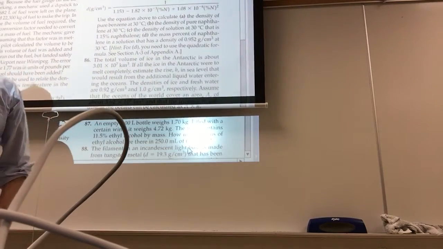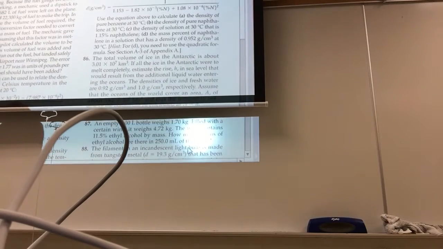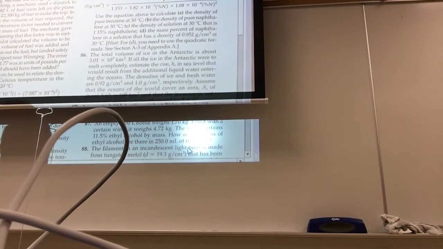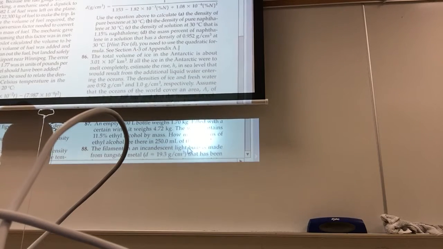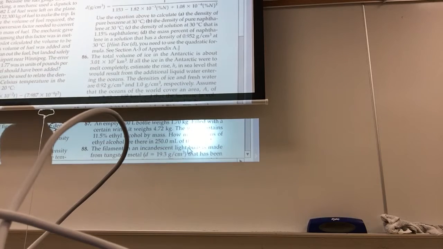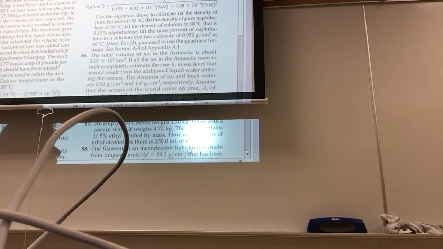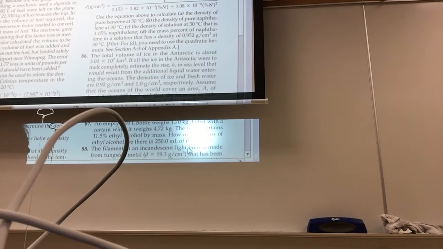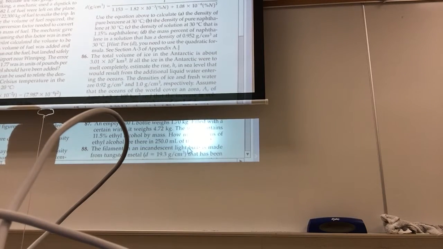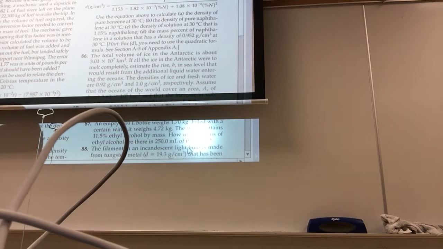We have to hypothesize something. What is it about this naphthalene benzene mixture that makes it behave in this bizarre way where we get this quadratic type behavior? So we come up with some kind of hypothesis.